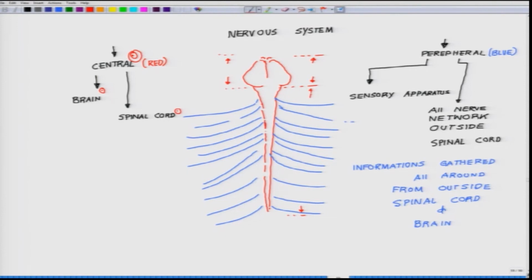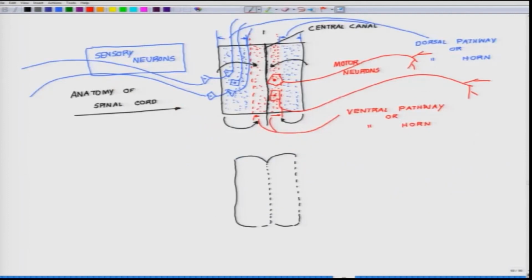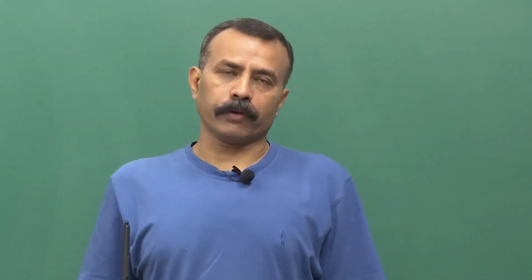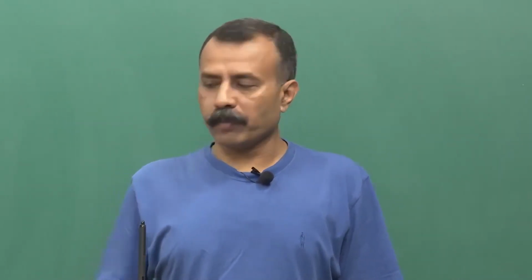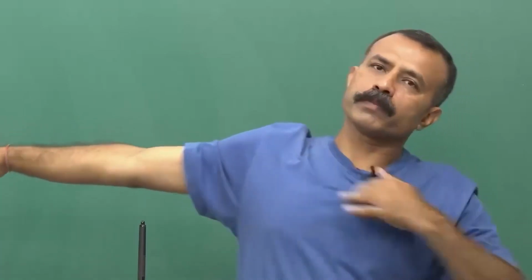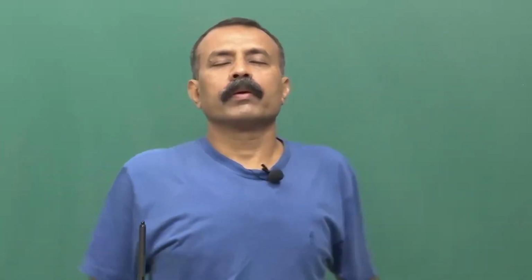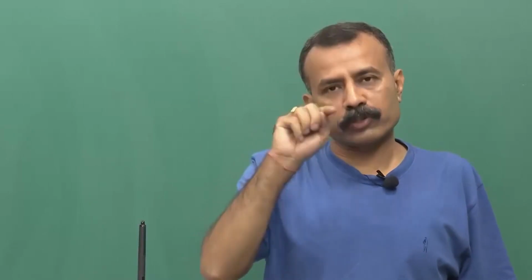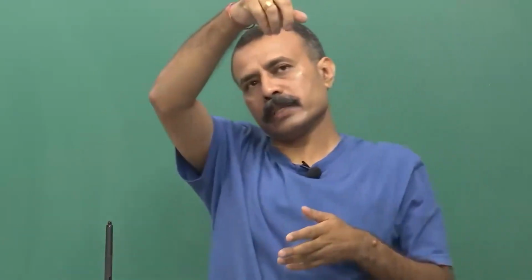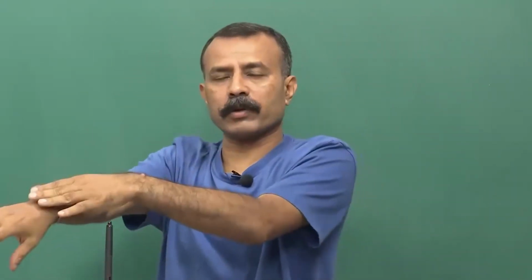The information from the different sensory apparatus is brought to the central unit by the sensory neurons, right. It means from different parts of my body, the information is traveling like this all the way and going to the spinal cord. Now, this information has to be processed, and the processed information has to be brought back either from here or from the spinal cord to that specific part of the body. So, it is relaying the processed message, and based on that, this particular part of the body is going to act.